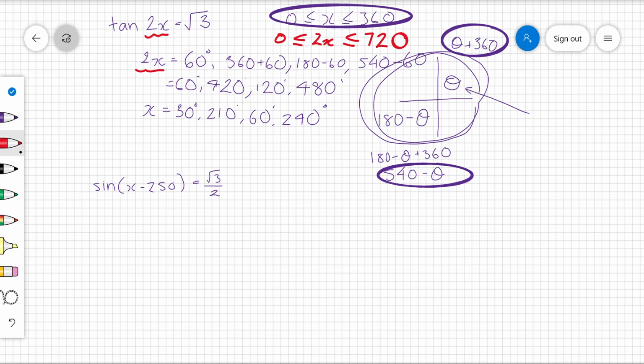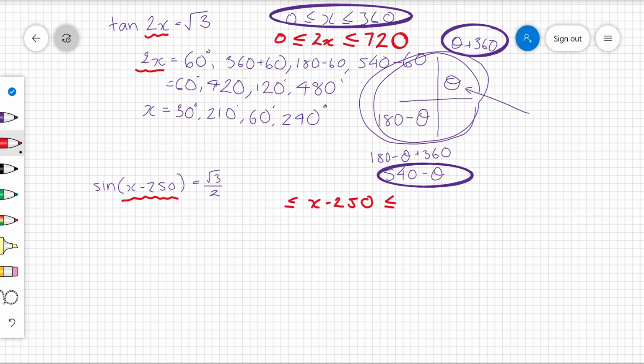Again, the original domain is x is between 0 and 360. But you can see here we've got not x, we've got the angle x minus 250.